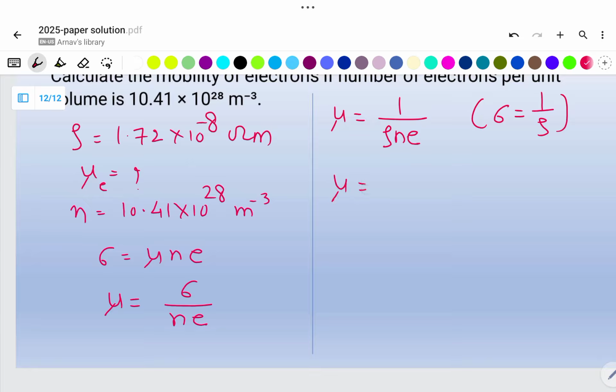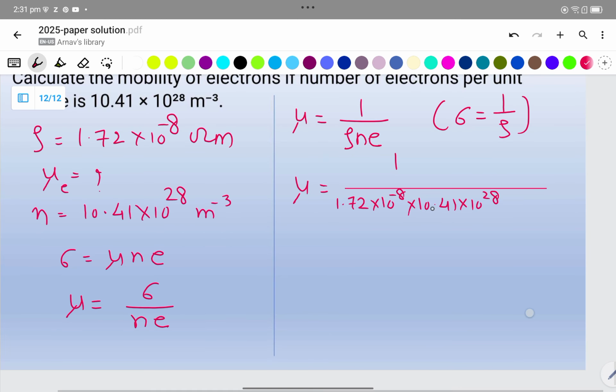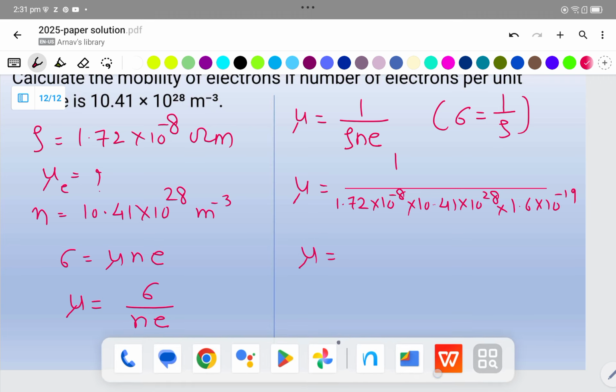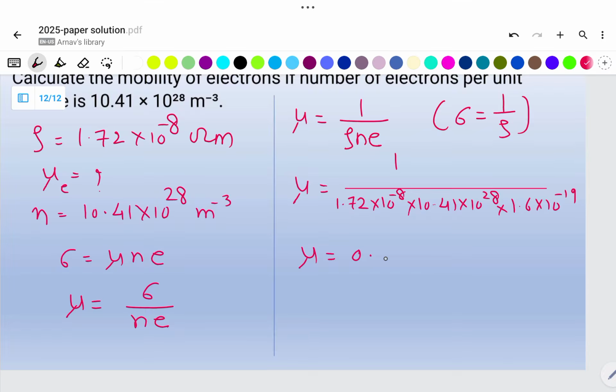So when we substitute the values, the resistivity is given 1.72 into 10 to minus 8, concentration is given 10.41 into 10 to 28, and charge is 1.6 into 10 to minus 19. So when we calculate, the mobility comes out to be 0.0035 meter square per volt second.